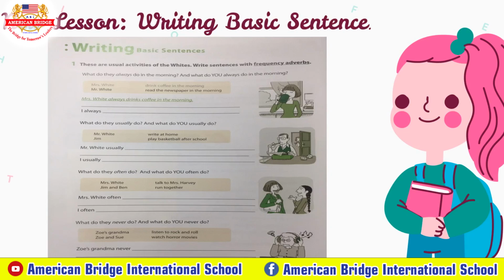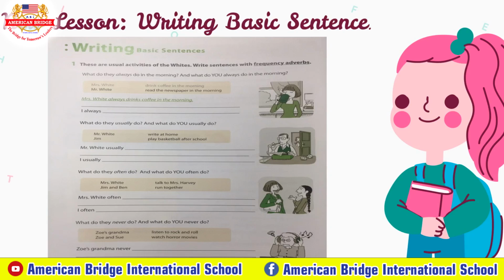And the second sentence, everyone. Jim and Ben, often what? Run or runs? Run only, no S, together. Now answer this question. What do you often do? I often do. Complete this sentence.